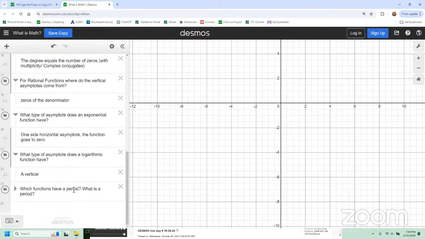And now, which functions have a period? What are those functions called? We're just doing them now. Functions that have a period that repeat over and over again because they come from the unit circle. What are those functions called? Begins with a T. Anyone?